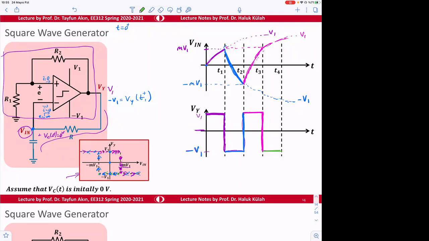And then this will try to go to minus V1 again. But then when it reaches here, things will change.